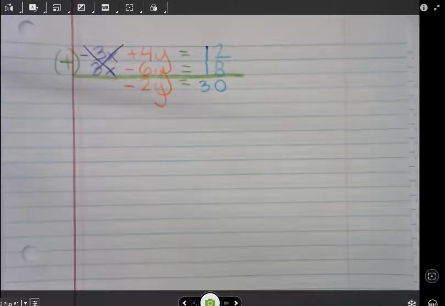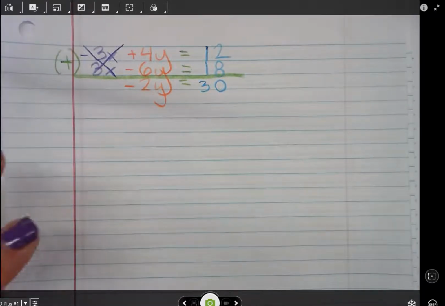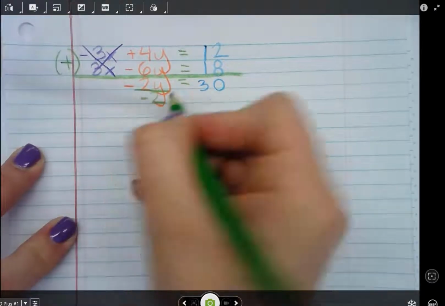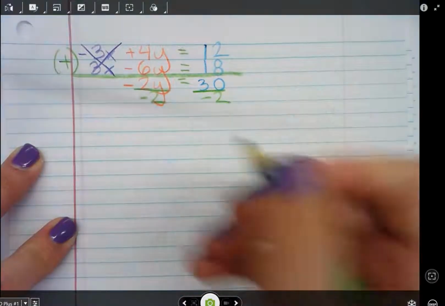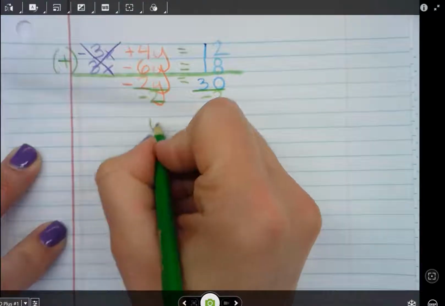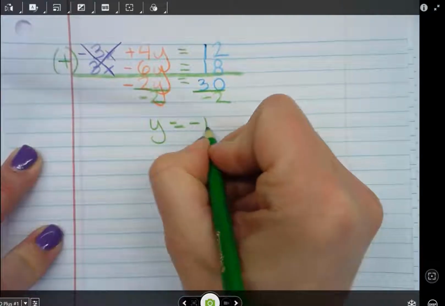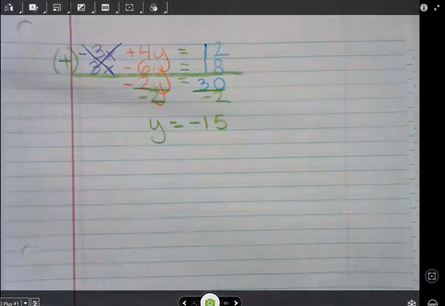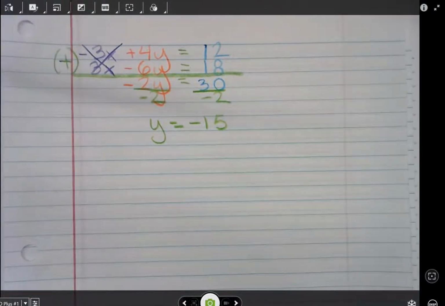We now can solve for y by dividing both sides by the coefficient of -2. We get y equals -15. We have now solved for one of our variables.